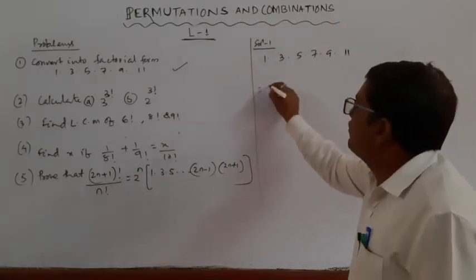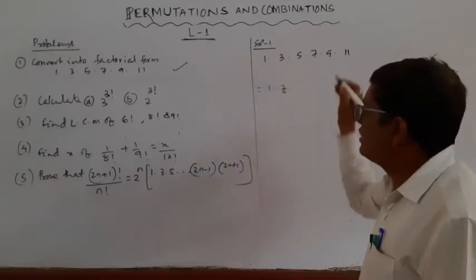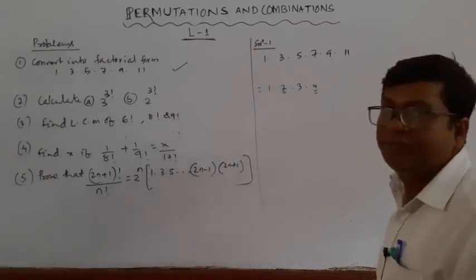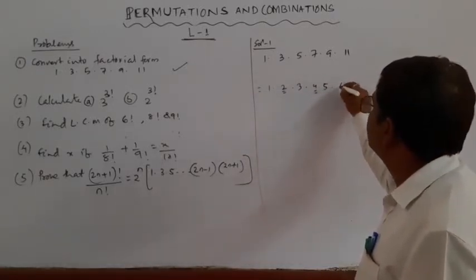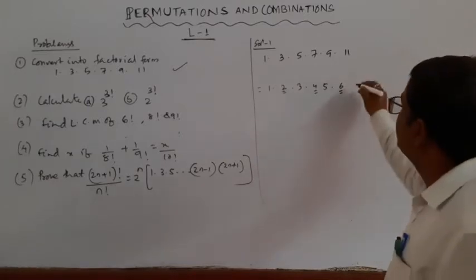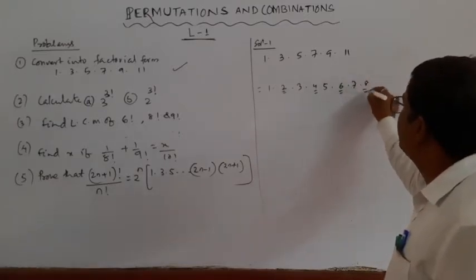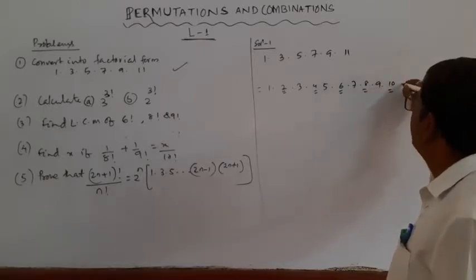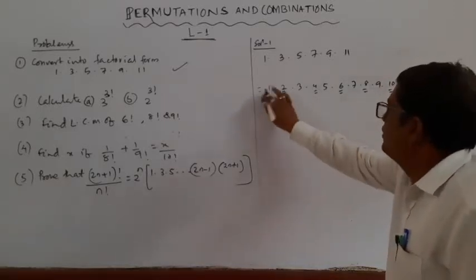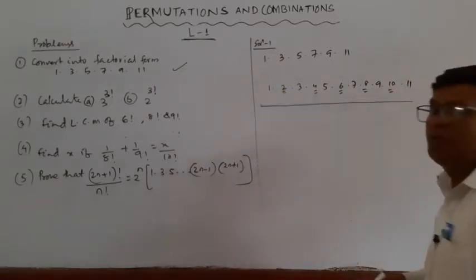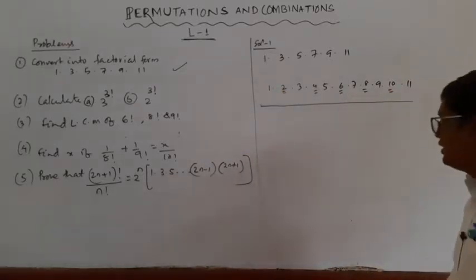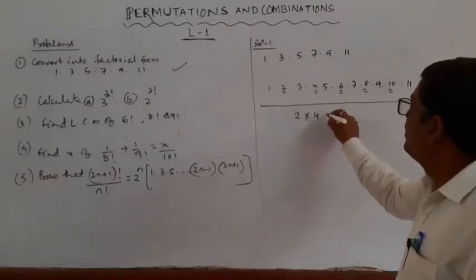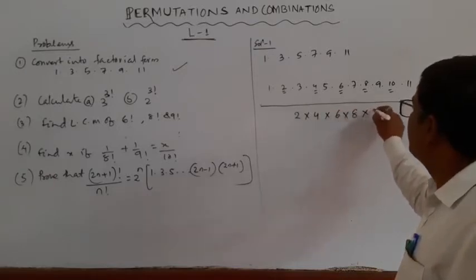So this is 1 into 2, writing 2 here, then 3, then 4 here, then 5, then 6 here, then 7, then 8 here, then 9, then 10 here, and then 11. If we multiply 2, 4, 6, 8, 10 in the numerator, it must also be in the denominator: 2 into 4 into 6 into 8 into 10.